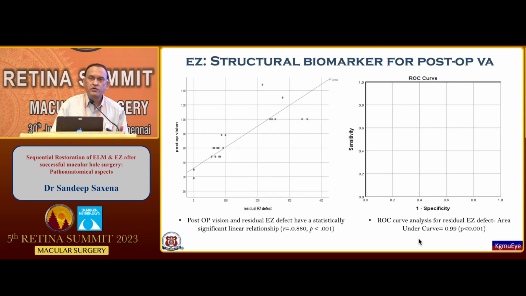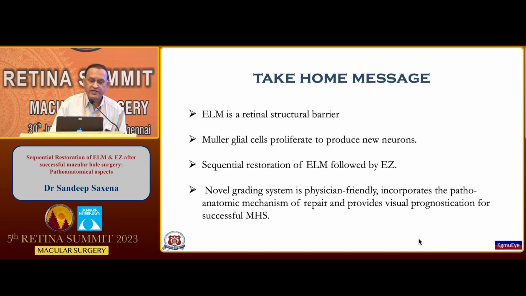We also did a biomarker study, and we found that the EZ serves as a very nice structural biomarker for postoperative visual improvement. So the take-home message from my talk is that the ELM is a very important retinal structural barrier. The Muller glial cells proliferate to produce new neurons.